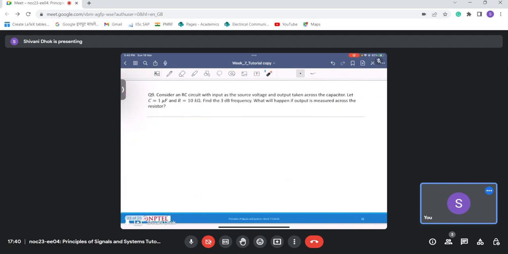So let us look at the ninth question. So this question actually has two parts. What is given is, consider an RC circuit with input as a source voltage and output taken across the capacitor. So what we are having is this circuit here.